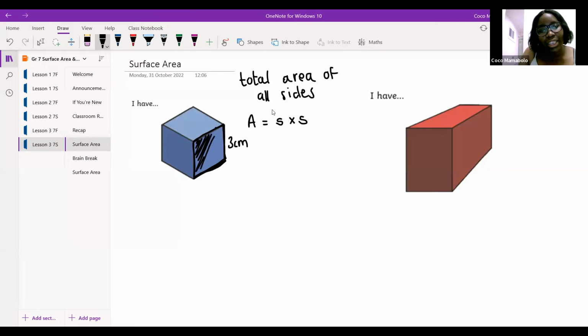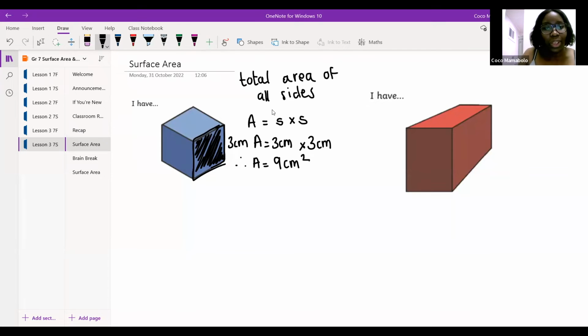Because this is a square, all the sides are equal. So the area of my square is 3 centimeters multiplied by 3 centimeters. Therefore, my area is equal to 9 centimeters squared.